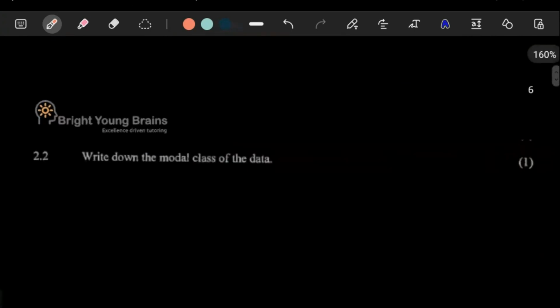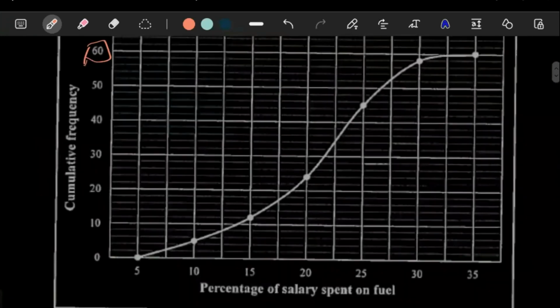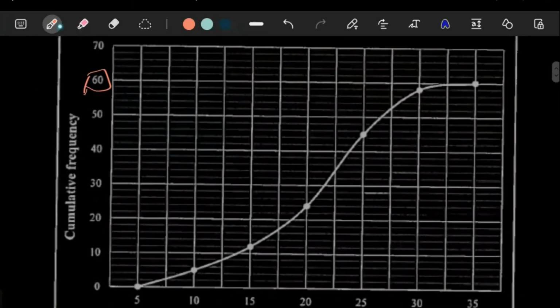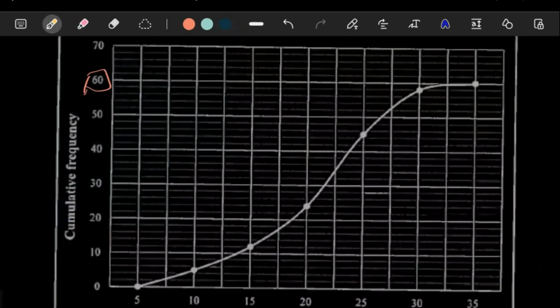Second question says, write down the modal class of the data. So the modal class is where you see the biggest jump between one certain frequency and another. So obviously, from 0 to 5, the jump is from 0 to like somewhere there. So that's not a big jump. From here to there, that's not a big jump. From here to this dot here, that's not a big jump.